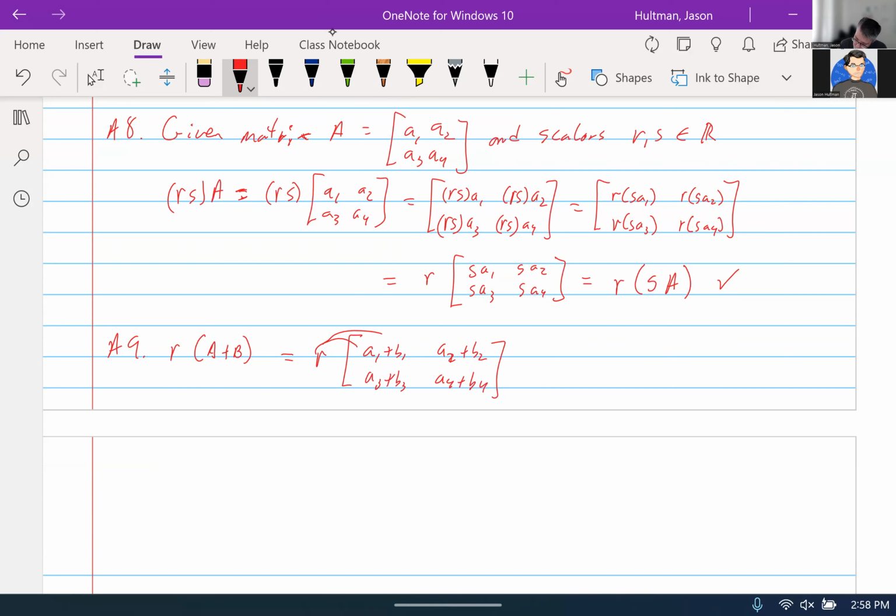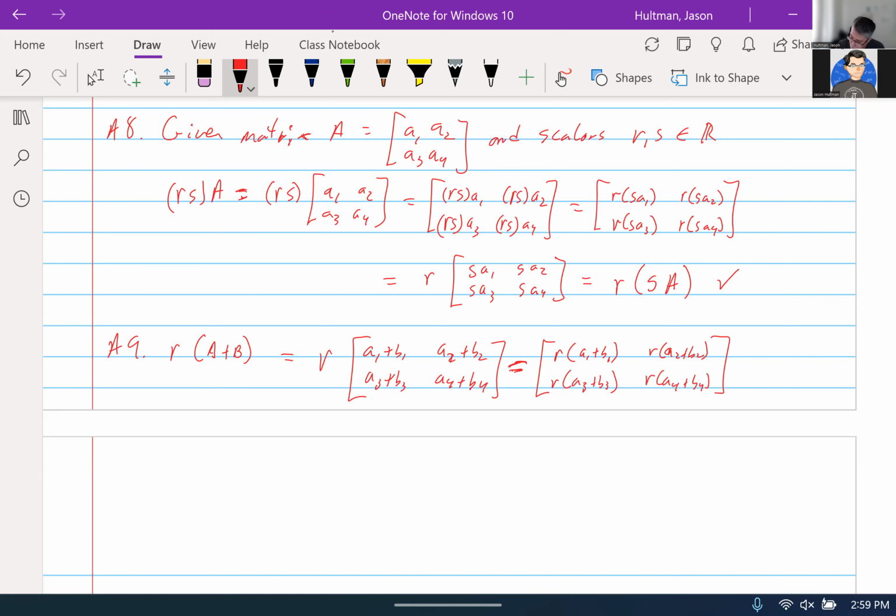And I want to distribute the R to each element first. I won't show the distribution lines, but that's going to become R times A1 plus B1, R times A2 plus B2, R times A3 plus B3, and then R times A4 plus B4.